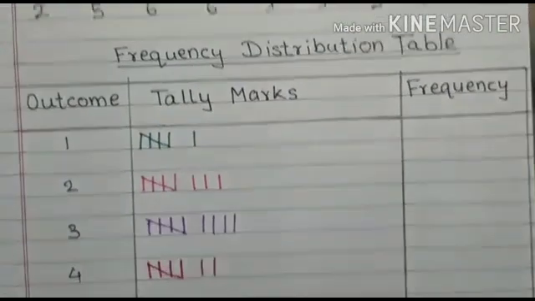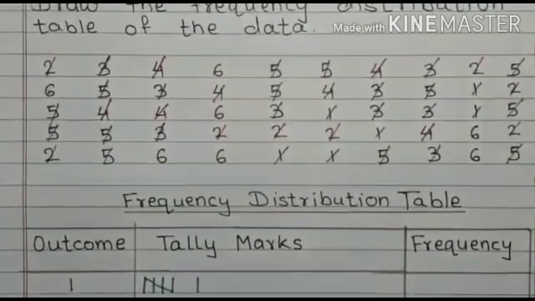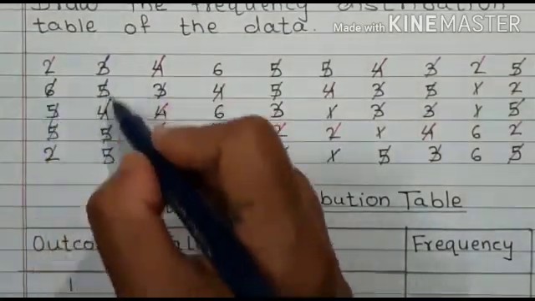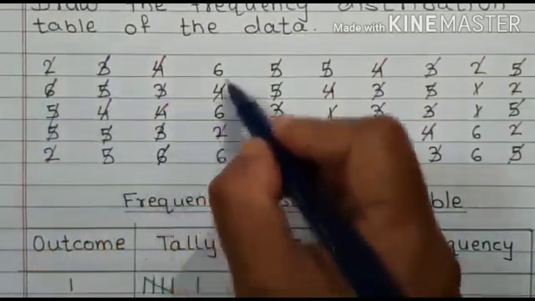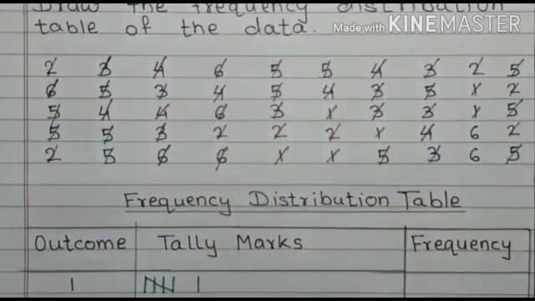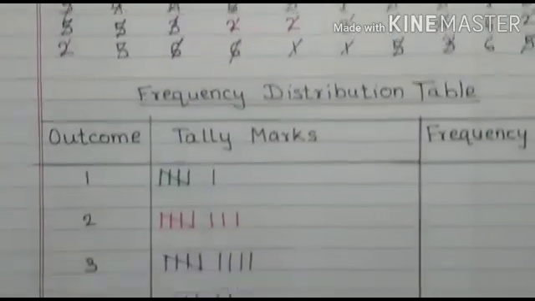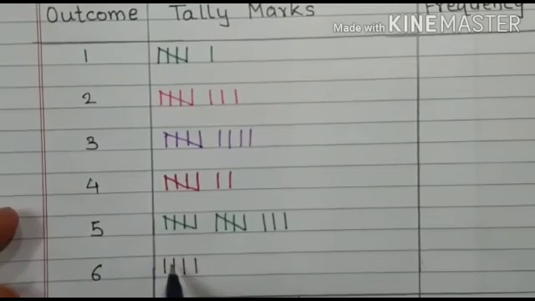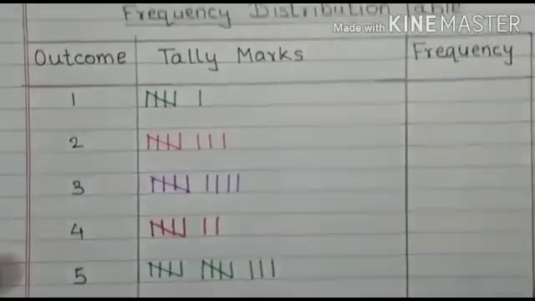Now quickly let us count for 6. It is 1, 2, 3, 4, 5. See, I am giving lines for 6. 1, 2, 3, 4 and 5.